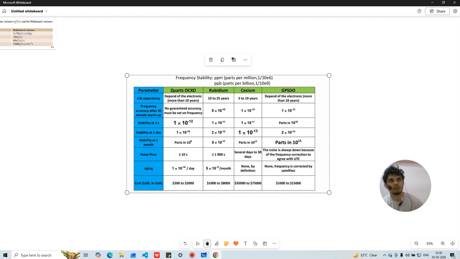GPS satellite clocks: first GPS used cesium clocks, then rubidium clocks. Cesium, rubidium, hydrogen atomic clock, and rubidium atomic clock. So let's write clocks.